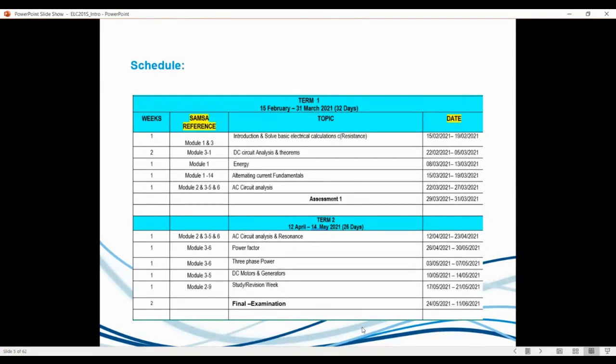We're looking at basic electrical calculations, essentially a bit of revision with a touch of new analysis, covering the important parts of Electrotechnology 1 which you need. The second thing is DC circuit analysis and theorems. We'll take 2 weeks for that, looking at different theorems on how to solve circuits.